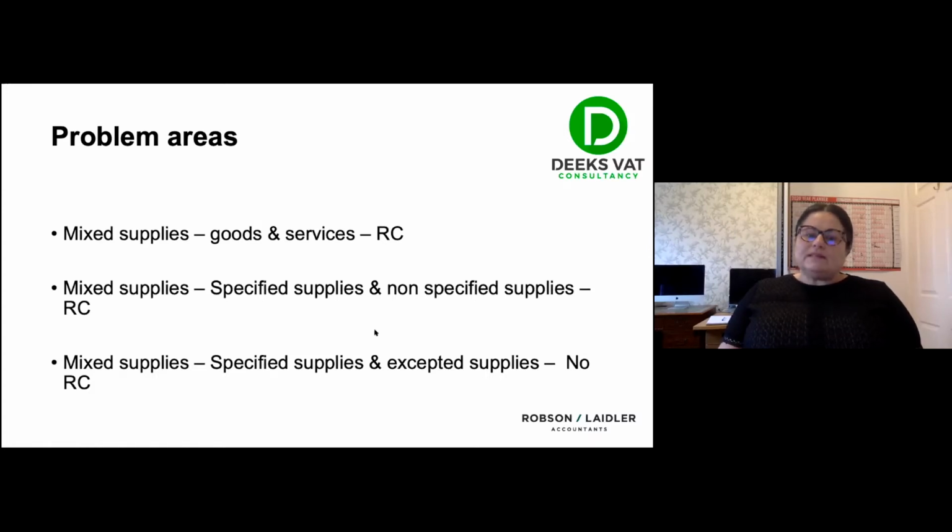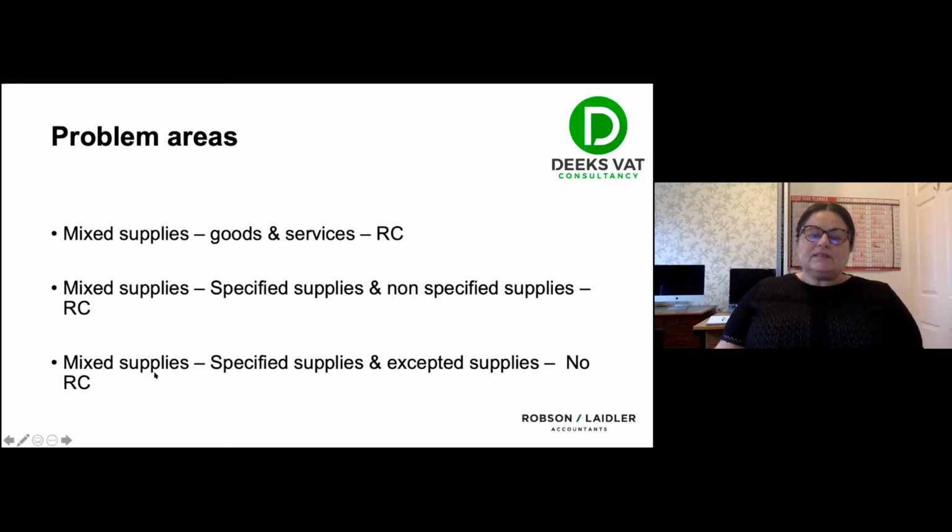So where there's mixed supplies of specified supplies and non-specified supplies, again, the reverse charge applies. Now, a specified supply is a supply that's subject to the reverse charge because it meets the relevant conditions, and a non-specified supply is relating to supplies made to the end user.